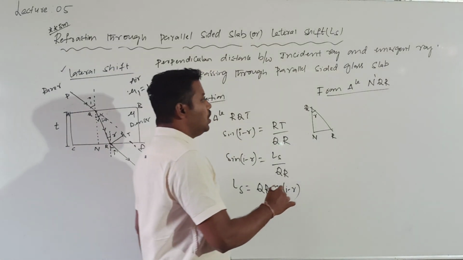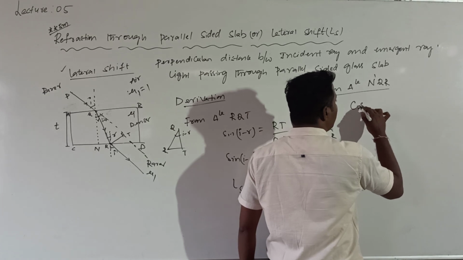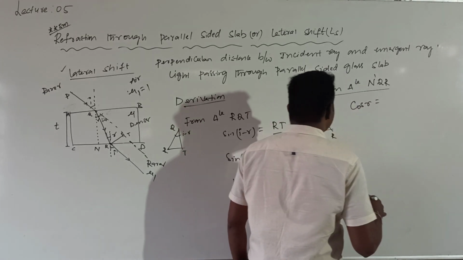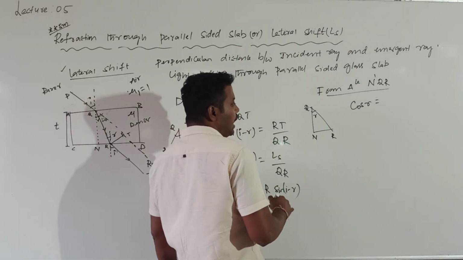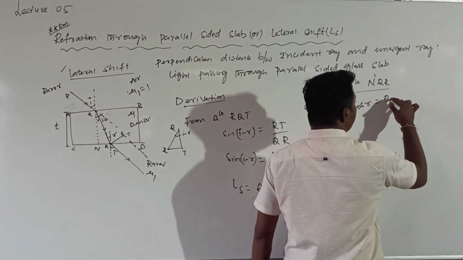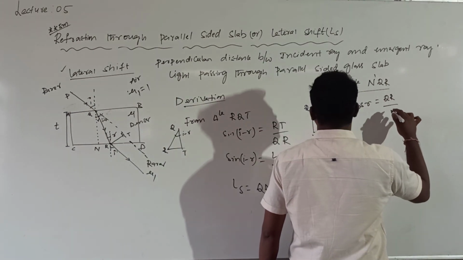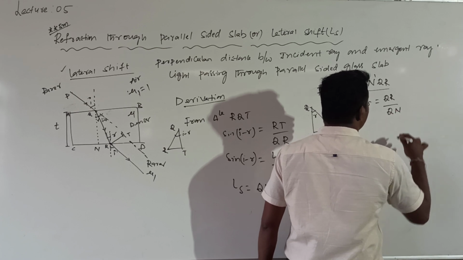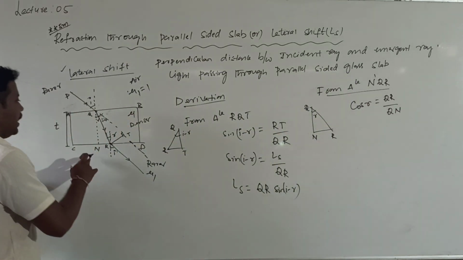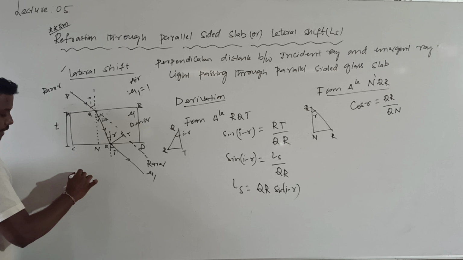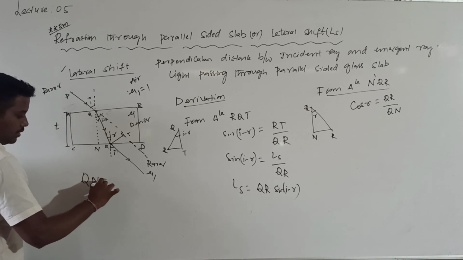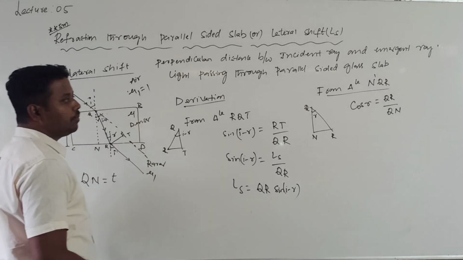From this, what is the value of cos r? Cos r is equal to adjacent side by hypotenuse. The adjacent side is QN, the hypotenuse is QR. The value of QN is exactly equal to t, the thickness of the glass slab.